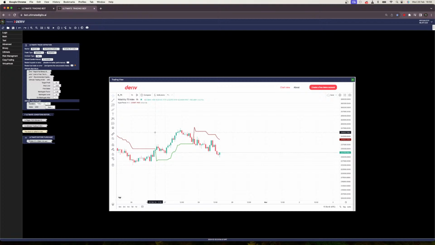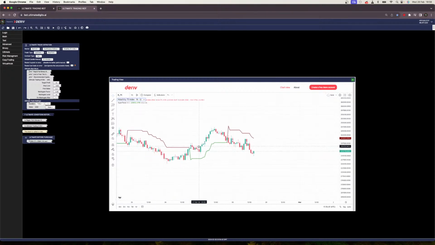So yeah, let's look at volatility 75 index. We are using the top down approach: 1 hour, 15 minutes, 5 minutes, all that have to follow one trend with no contradiction at all.